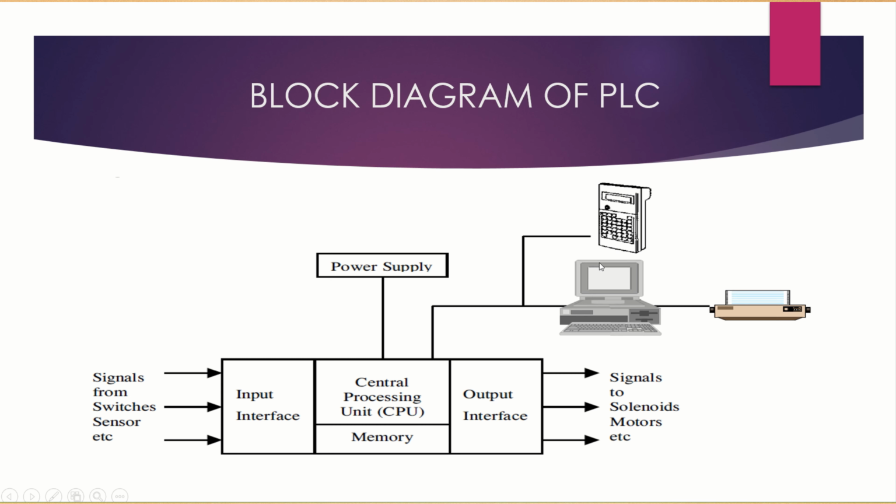Here in the computer, we can make or create a ladder diagram for the process, or we can also edit, modify, and troubleshoot the ladder program here. Plus, here in the maintenance PC, we can create the human-machine interface.